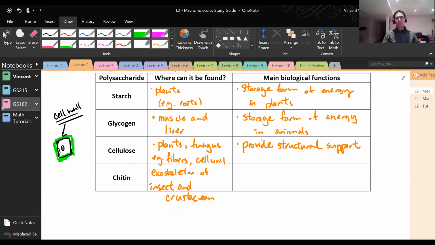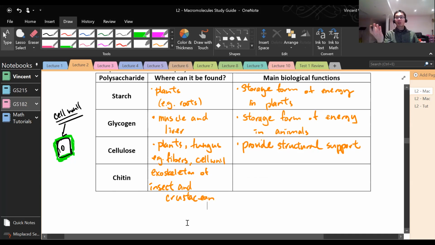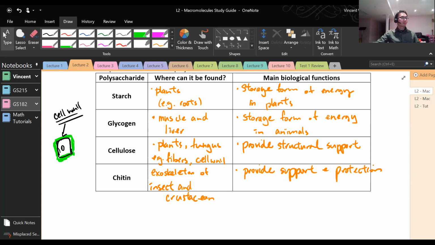You might know some people who take those glucosamine pills. That's supposed to strengthen your joints. If you look at the bottle, sometimes they will tell you the source of the glucosamine is actually from shells of these crustaceans. They provide support and protection. All right.